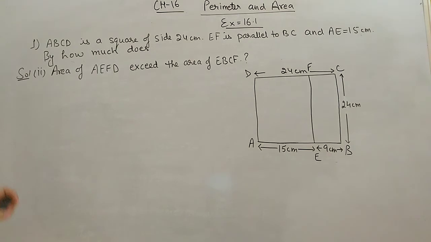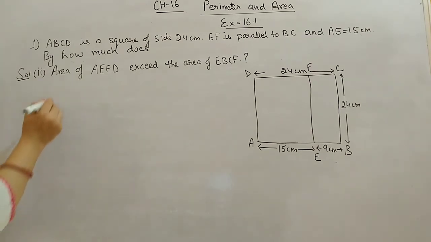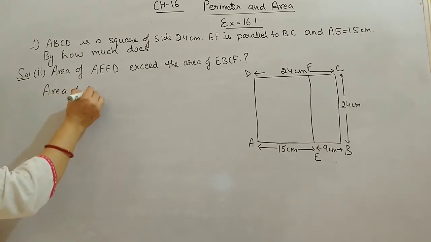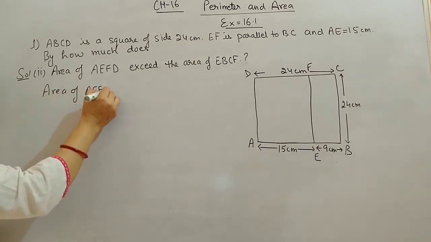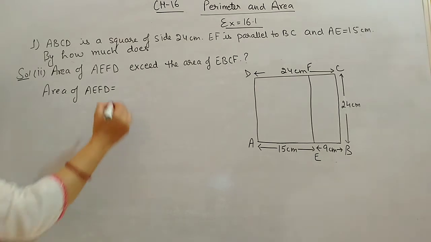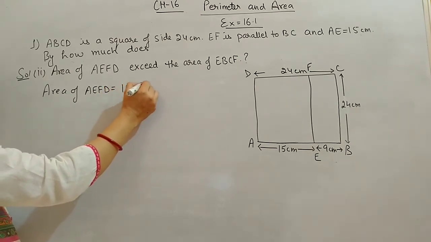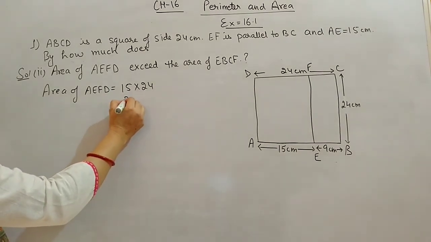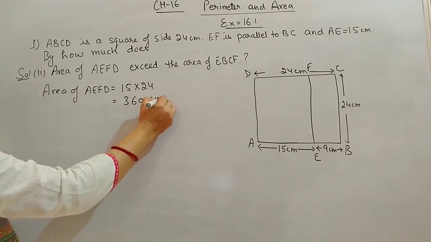Second part of question number 1. By how much does the area of AEFD exceed the area of EBCF? So we have to find out the area of these two rectangles. Area of AEFD is equal to length into breadth, 15 into 24, equal to 360 centimeter square.